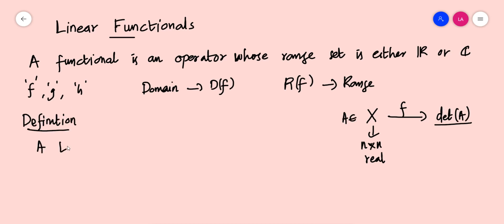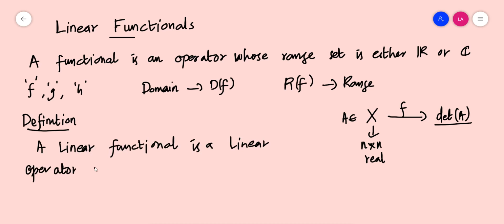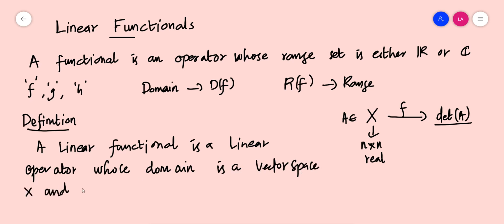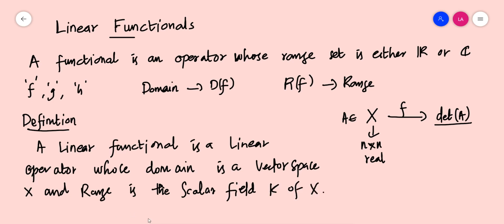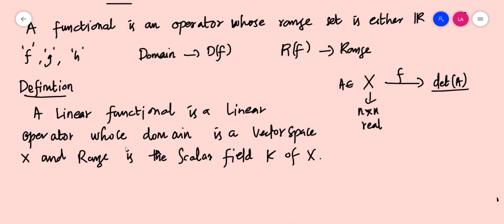Definition: a linear functional is a linear operator whose domain is a vector space X, and range is the scalar field K of X. We already know that associated with every vector space there is an underlying scalar field.